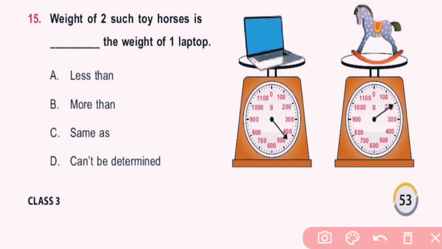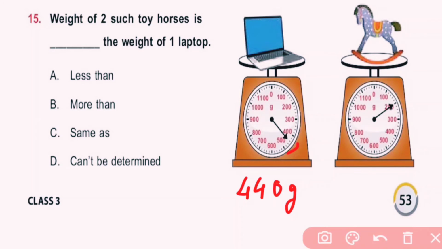Question number 15. The weight of 2 such toy horses is dash the weight of 1 laptop. Here weight of laptop is, there are 5 lines between 400 to 500. And the weight showing 2 lines. 1 line is equal to 20 grams. So weight of laptop is 440 grams.